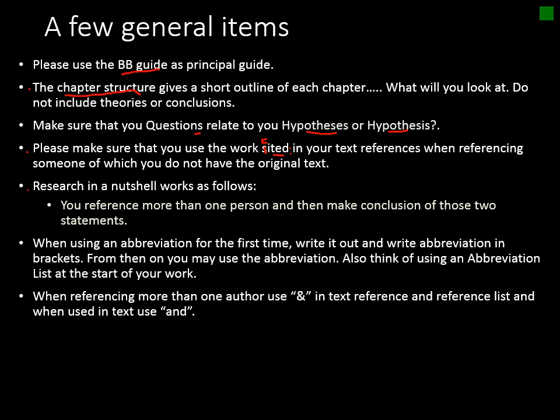Okay, and then when using an abbreviation for the first time, please write it out and write the abbreviation in brackets. From then on, you may use the abbreviation. Also think of using the abbreviation list at the start of your work. It's best to actually have both. Then just one thing that I want to highlight. One or two of you want to use an abbreviation for a resource, like for instance the Project Management Institute, as a reference.